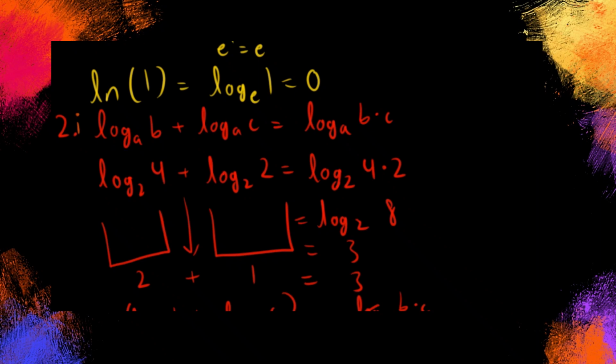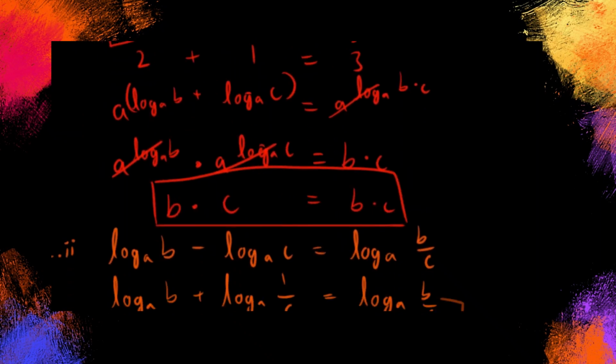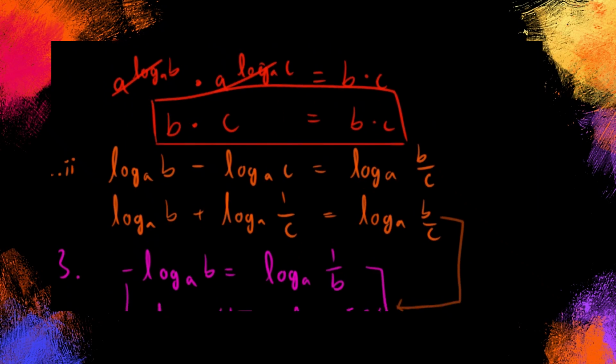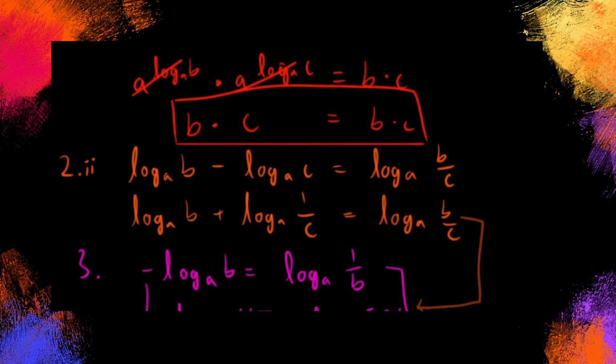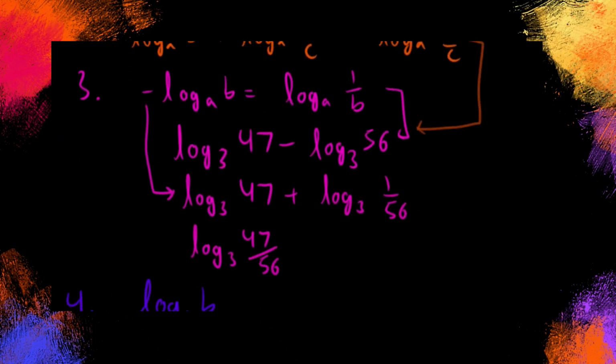If you add two logarithms with the same base, you can multiply their arguments and keep the base. And then the quotient rule is very similar, except that if you're subtracting, you divide the arguments and keep the base.